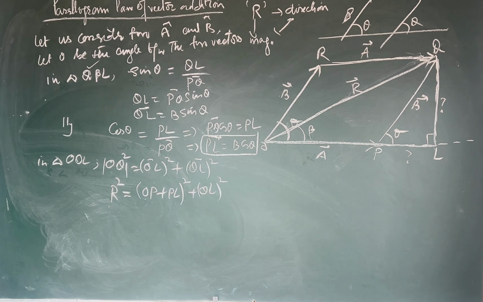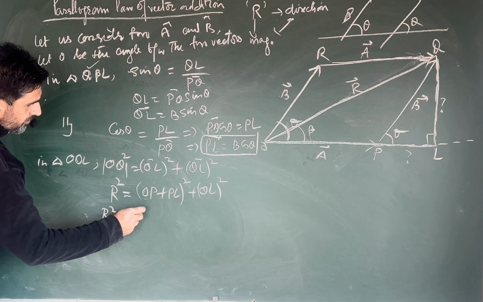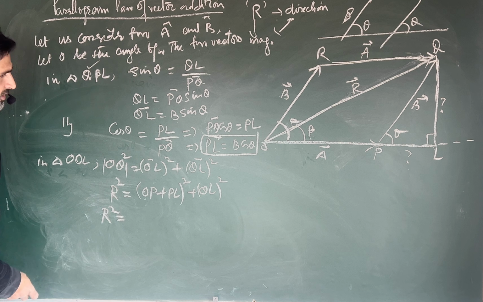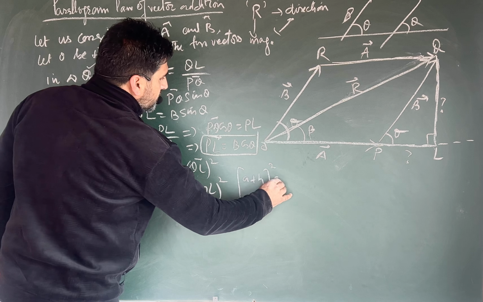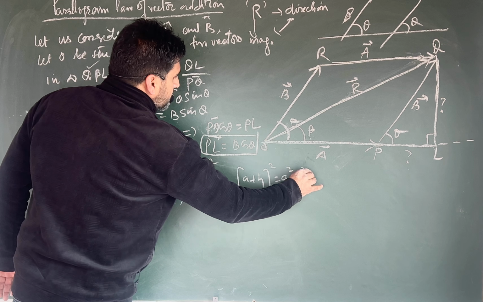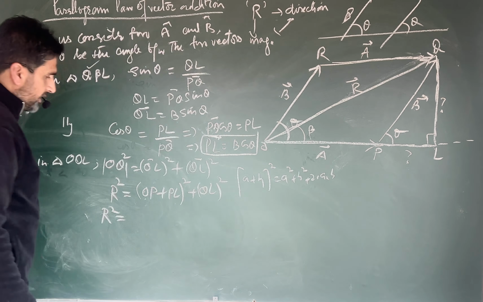So you can substitute. R square comes out to be equal to A plus B whole square using the formula: A plus B whole square is equal to A square plus B square plus 2AB. Instead of that, better is we will substitute first.